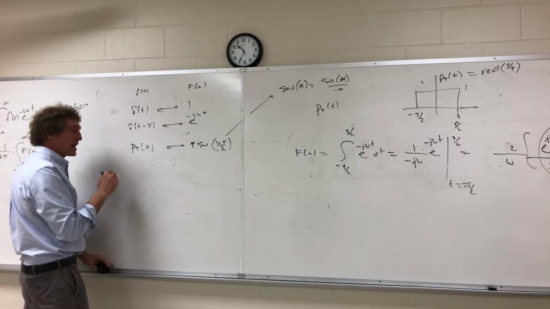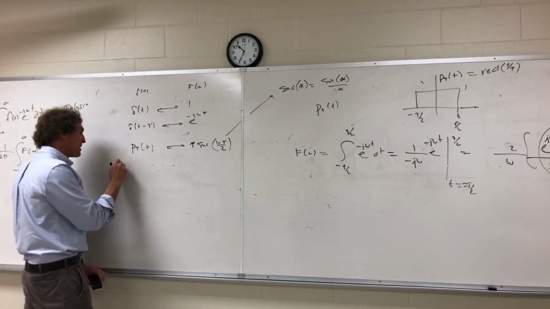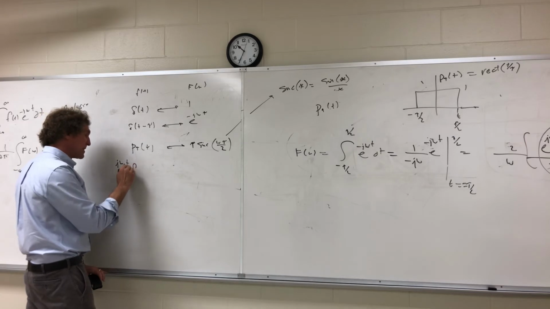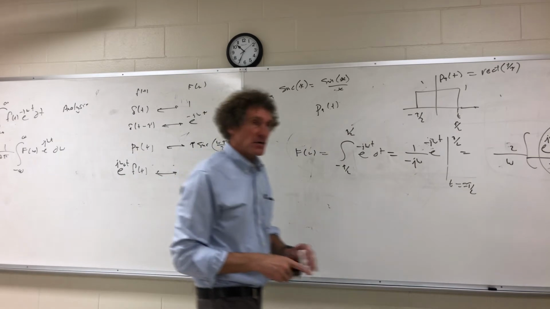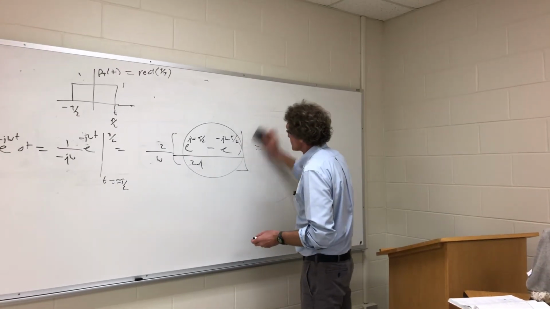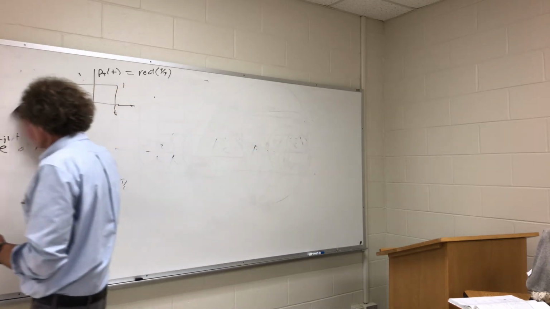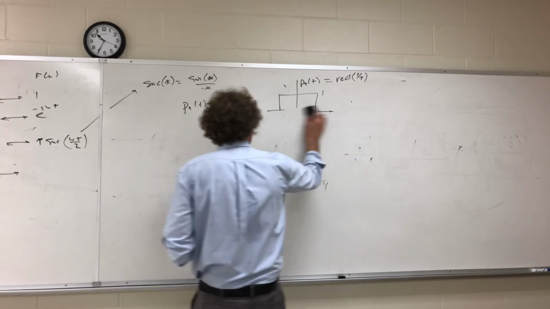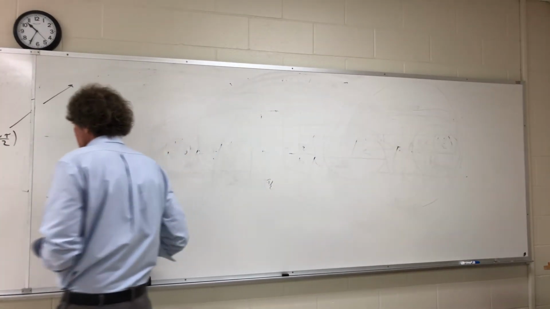So anytime I have e to the j omega naught t times the function f of t, these are properties. I don't know if you remember that. I could do it by going right for the cosine, but I'll do this property first. Most of you seem to remember this pretty well.